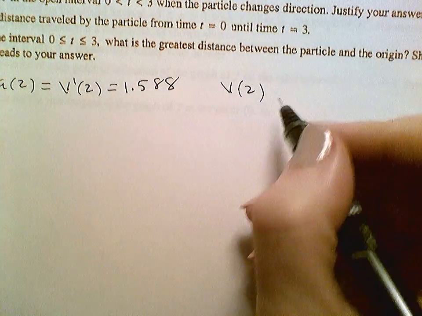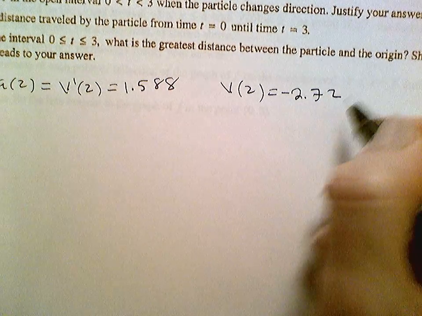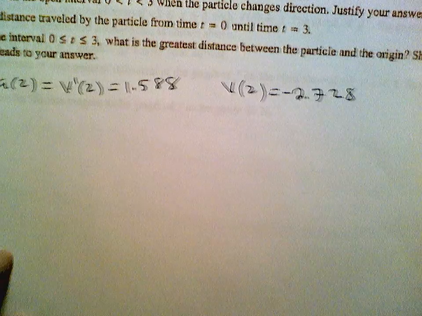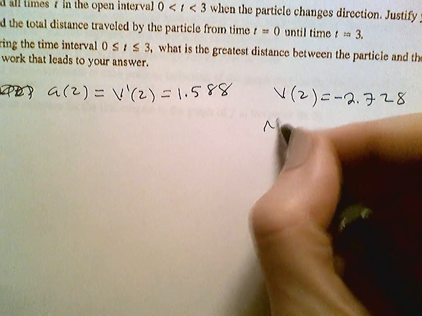So the velocity at time 2 is negative 2.728.